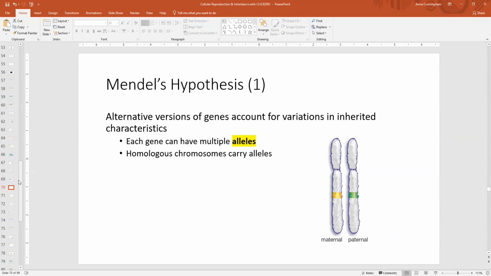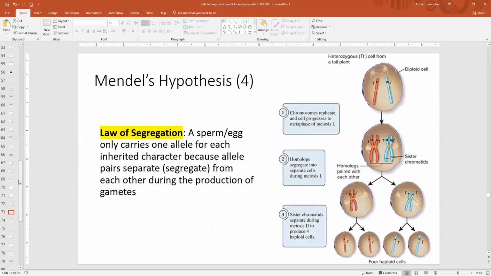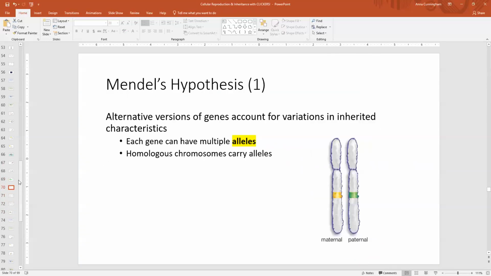You may have heard it elsewhere, but what I do want to go through is the observations that Mendel made and the resulting hypotheses that he got from his experiments. He came up with, I think there's 3 hypotheses. Let me see, 1, 2, 3. Okay, 4 hypotheses. Notice there's a clicker question. And I'm going to go through each of these.